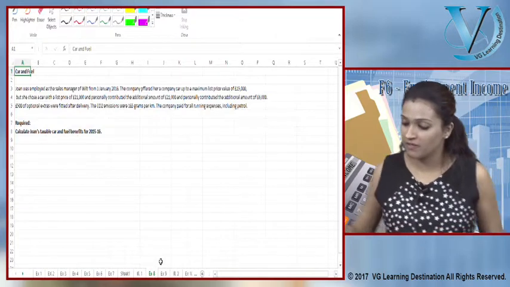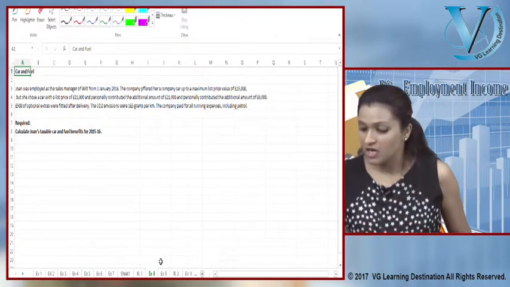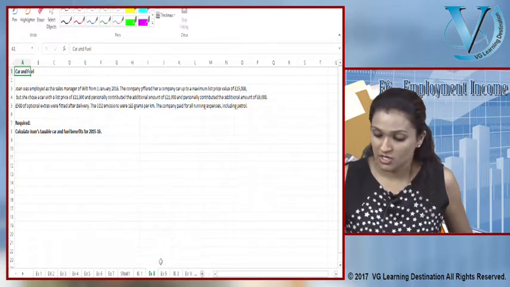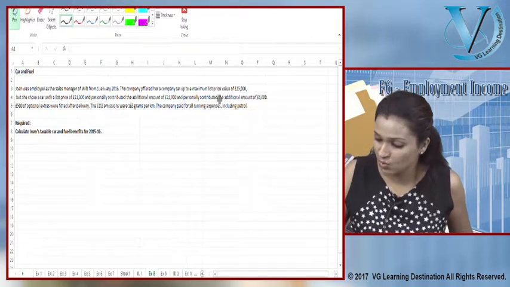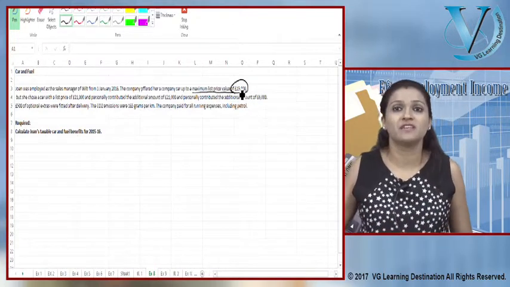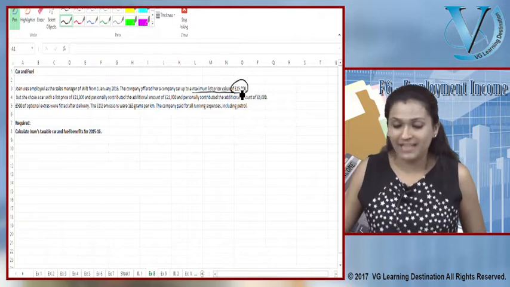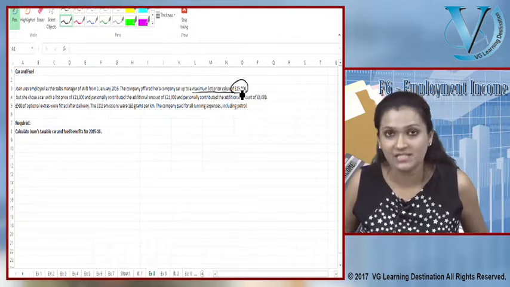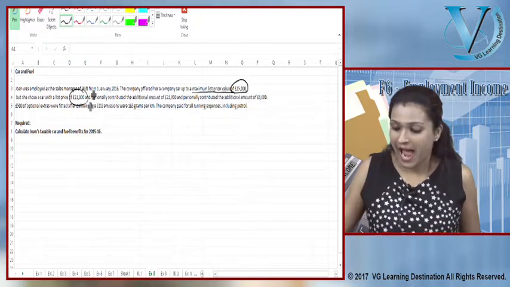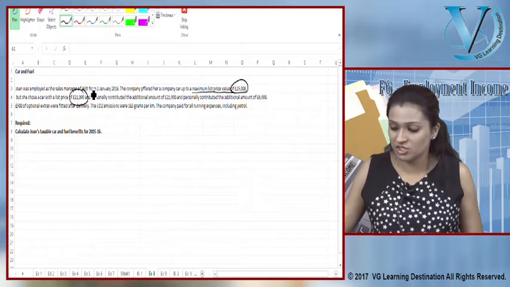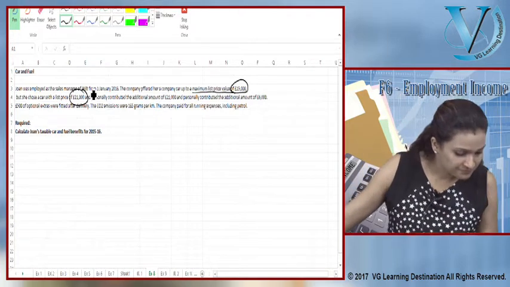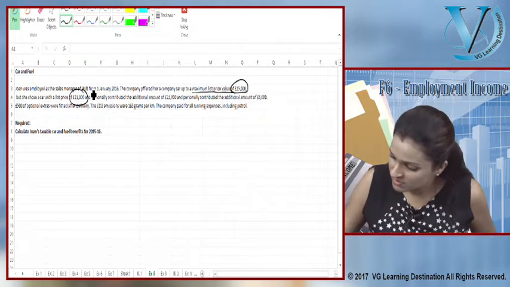The company offered her a company car, to a maximum list price of 15,000. So the maximum list price to which Joan is eligible to take a company car is 15,000 pounds. But she chose a car with a list price of 21,000 pounds and personally contributed the additional amount of how much? 6,000 pounds.